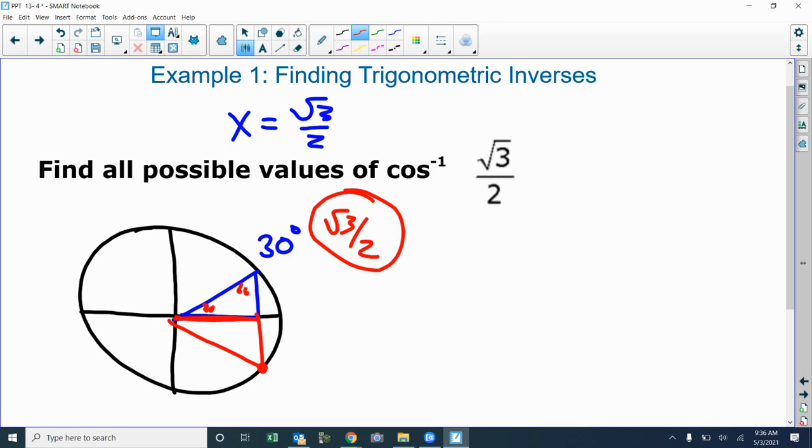What is the angle down in that quadrant that is the 30 family? 330 degrees, also. So there are two. Your calculator will give you the first one. Your second one you're going to have to think about. How do you get that? Well, this is the only other spot x is positive, which is in that quadrant.